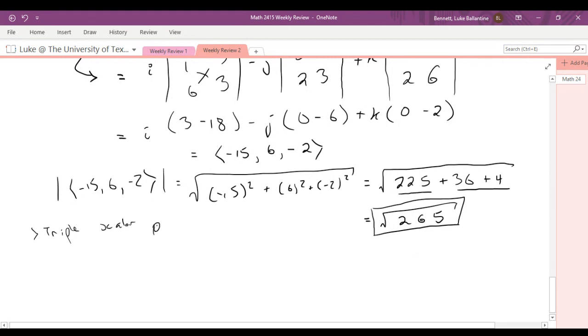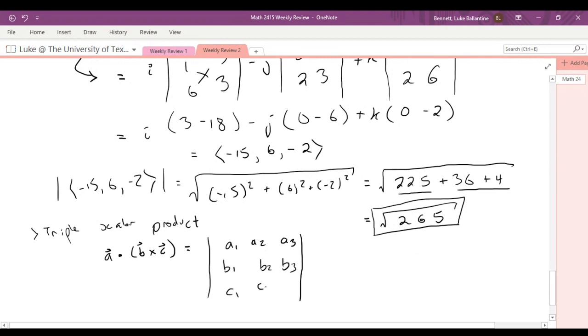If we have three vectors, the triple scalar product is denoted A dot B cross C. The only thing that's different is instead of i, j, k in the first row, we put A1, A2, A3. And then the rest is just like normal, B1, B2, B3, C1, C2, C3.